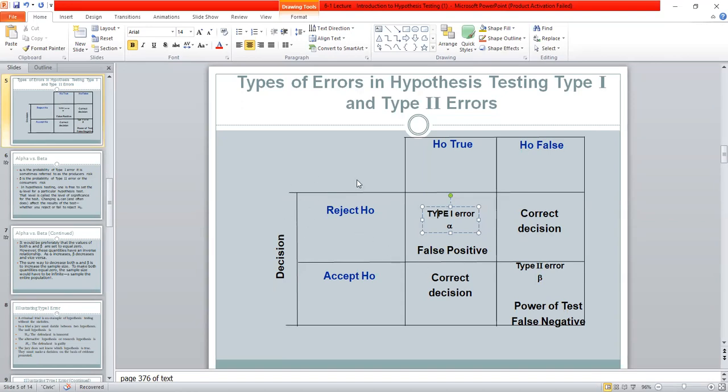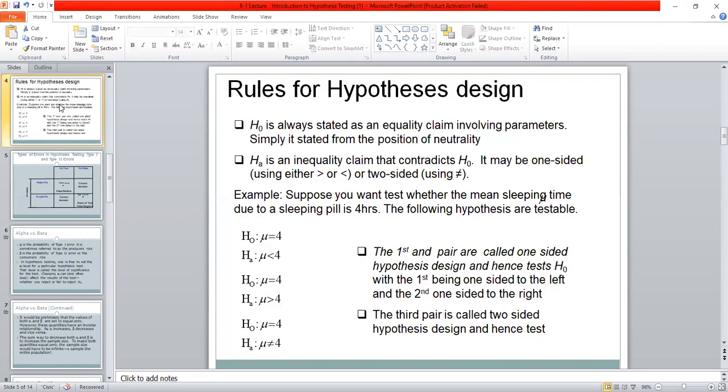Now, rejecting a true null. So let's go to the example I gave you here. Suppose this is the hypothesis you are testing, the first pair. Then your sample data leads you to reject H0 when H0 is true, meaning the manufacturer's claim is true.